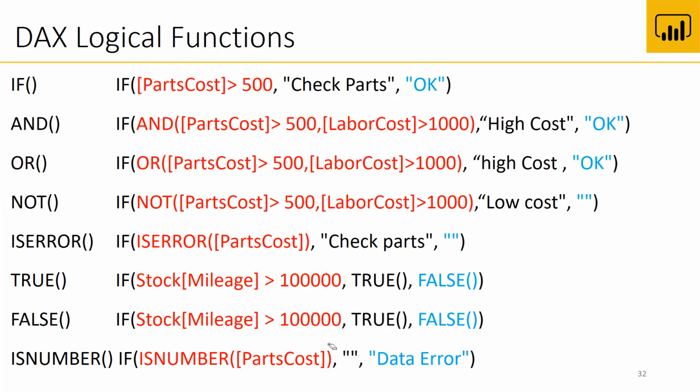If the data is a number, ISNUMBER: if there is a number in the part cost field, then it is assumed to be true, otherwise there is a data error. What is the data error? Numeric data was assumed, but string data is there. So that is a data error. A flag is generated by ISNUMBER. ISNUMBER is a built-in function that checks whether the field is a numeric field or a string field.